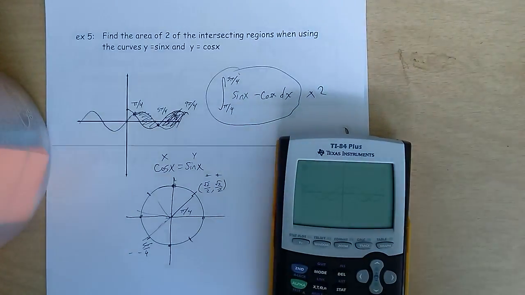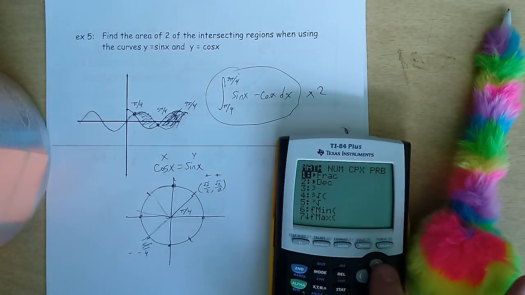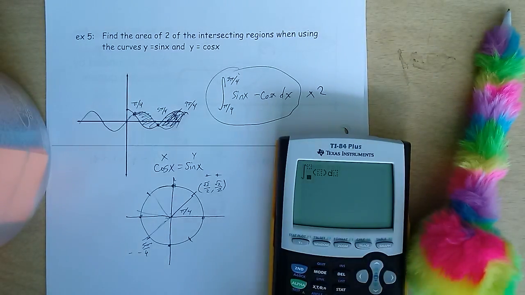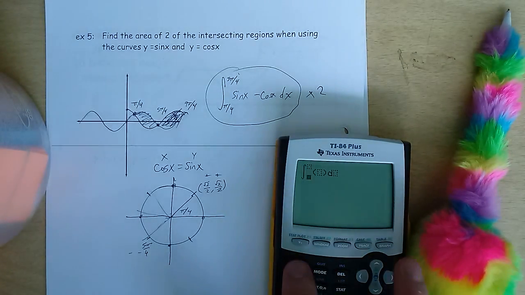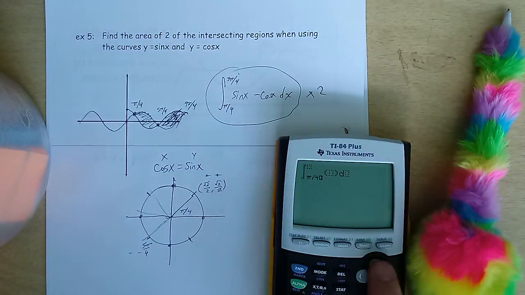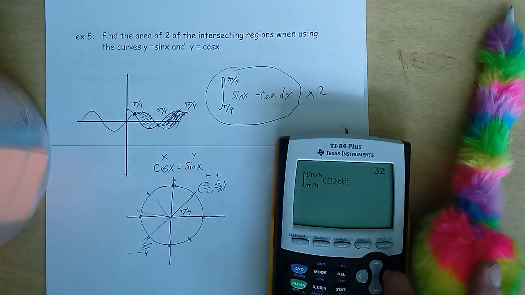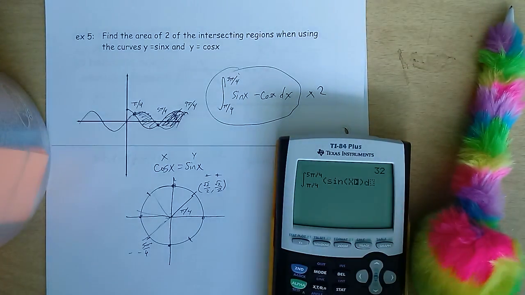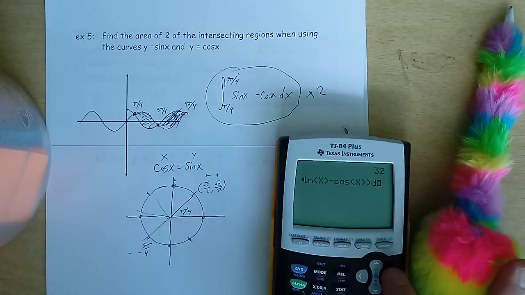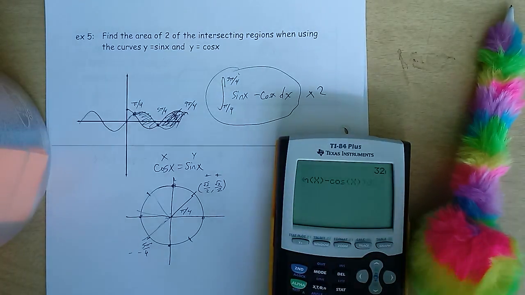If I was going to do that in the calculator, I would do the integral from pi over 4 to 5 pi over 4 of sine x minus cosine x dx.